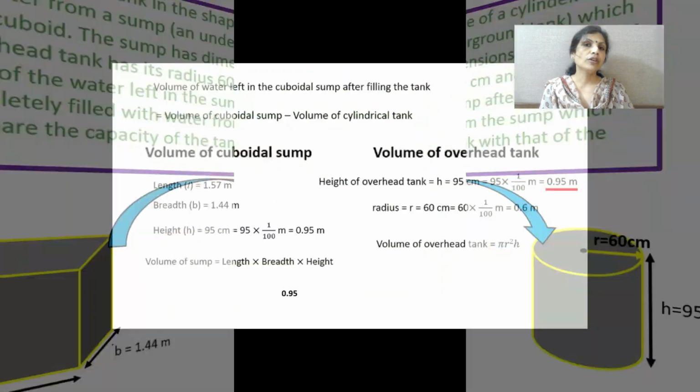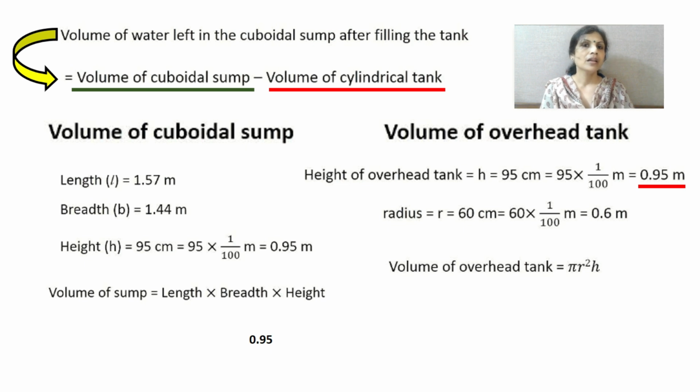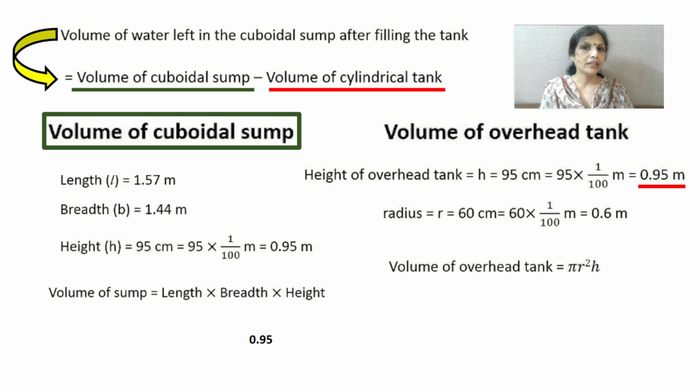So the volume of water left in the cuboidal sump after filling the overhead tank will be equal to the volume of the cuboidal sump minus the volume of the cylindrical tank. Alright, now let's find out the volume of the cuboidal sump. We are given length as 1.57 meter, breadth as 1.44 meter and the height is given in centimeter, that is 95 centimeter.